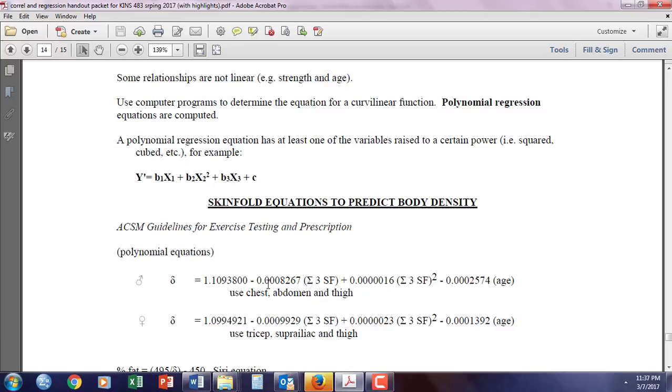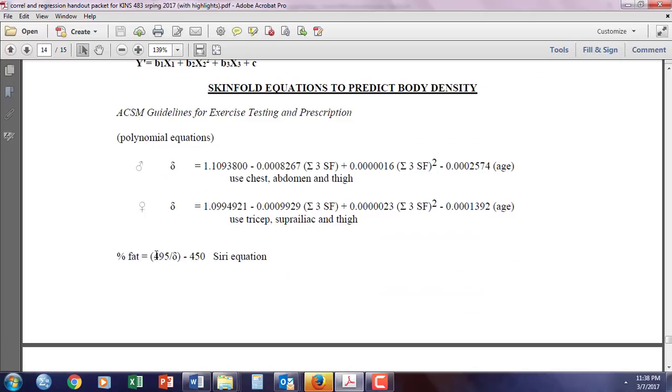We plug in all of these numbers. Notice that in this case, we take the sum of the 3 skin folds, we square it, we multiply it by this term, then we put it back into this equation, and we can actually predict body density. And then you take a person's body density, and you take 495 divided by that body density, you subtract 450, and now you're going to come up with their percent fat.